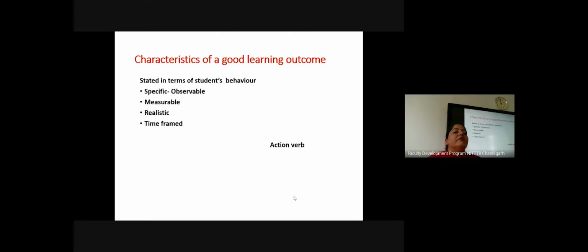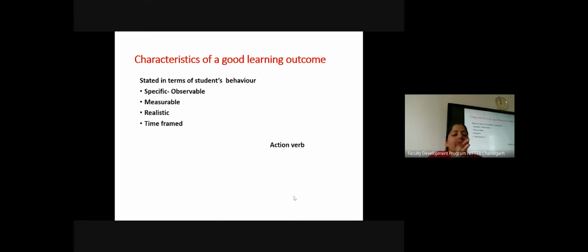Next is, what are the different characteristics of a good learning outcome? A good learning outcome is always written in terms of student behavior. What will my student be able to do after the completion of this particular unit, after the completion of this particular lesson? These are always written by using different action verbs.